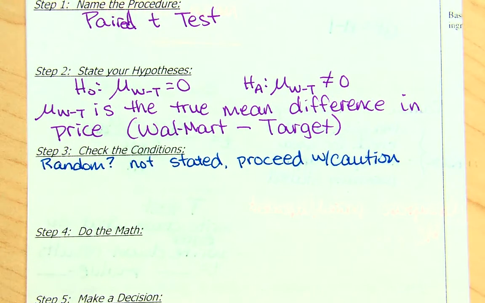So we don't say we can't do it. We're going to go ahead and do this, but we're going to recognize that we may have a problem here. We don't want to think that they took a sales paper for one of these two stores and picked items from that and then compared it to regular prices at the other store. Hopefully that did not happen. We're going to say, hopefully it was random.